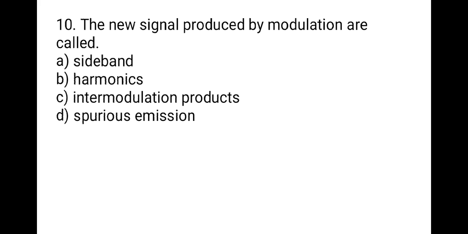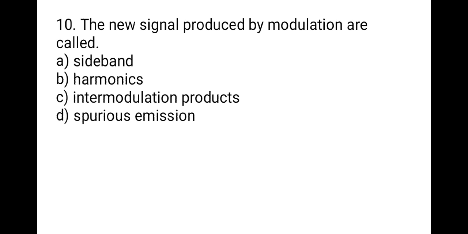The next question: the new signals produced by modulation are called. First option, sideband. Second, harmonics. Third, intermodulation products. And last one is spurious emission.